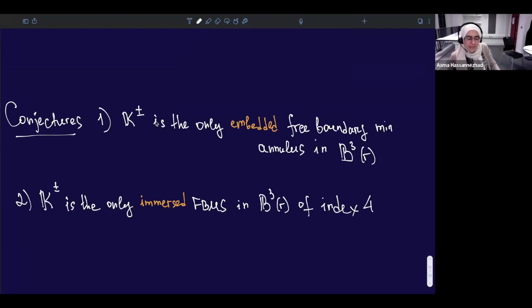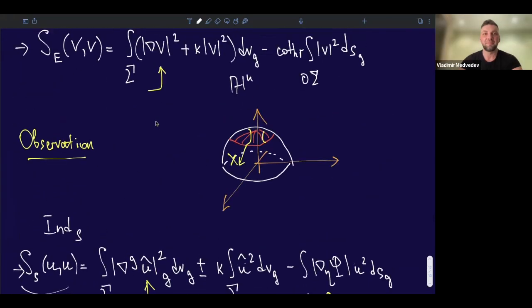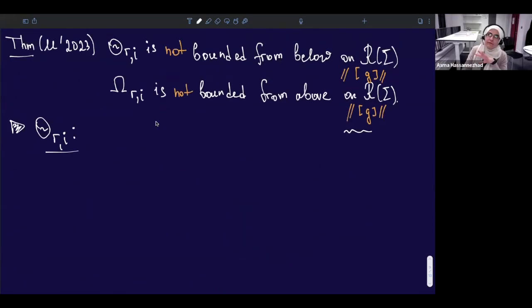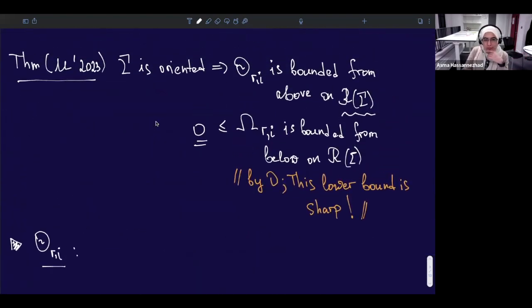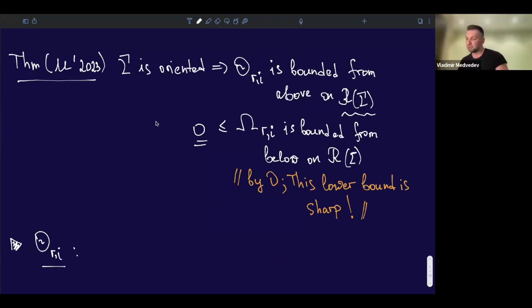I want to ask you about this upper bound for this theta Ni and omega. So if you have multiple boundary components, do you have a formula in terms of the number of boundary components or something like that? In terms of the number of boundary components, no, I don't have it here.